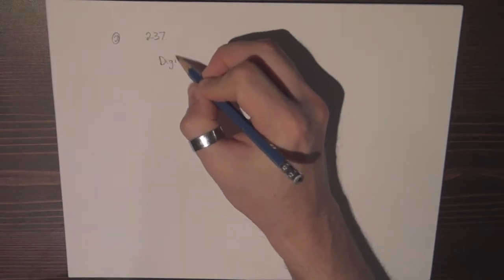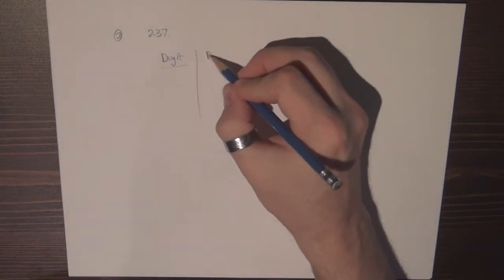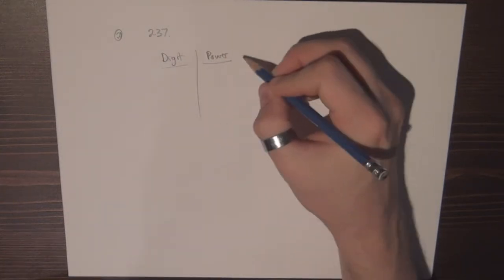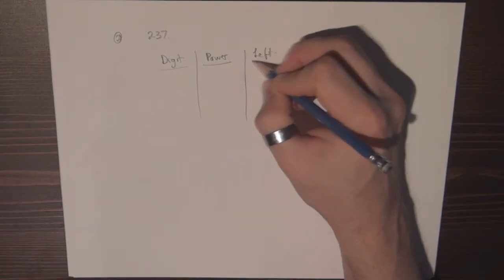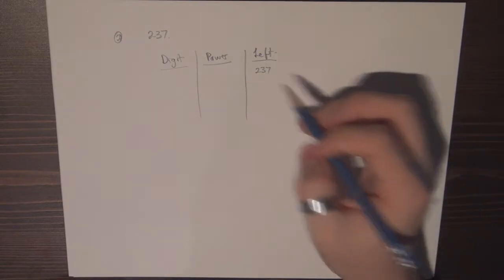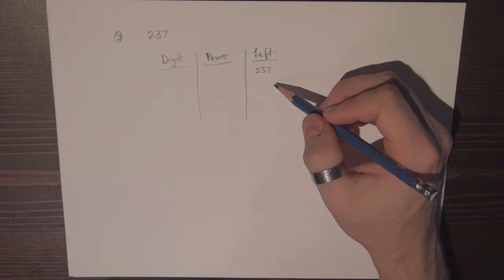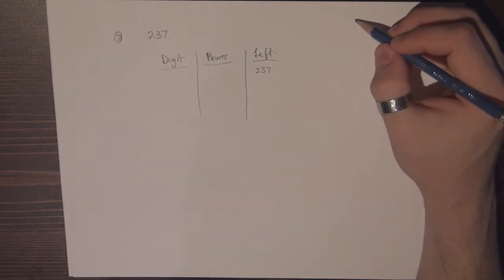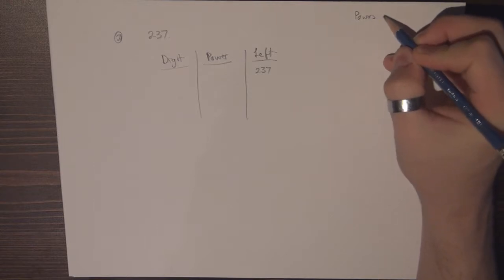We can call this digit, and then what is the power of 2 that I'm using, and then how much do I have left. So right now I have 237 left. What is the largest power of 2 that I can fit in there? Well, I need to know my powers of 2. So let's write it over here and we can refer to that.